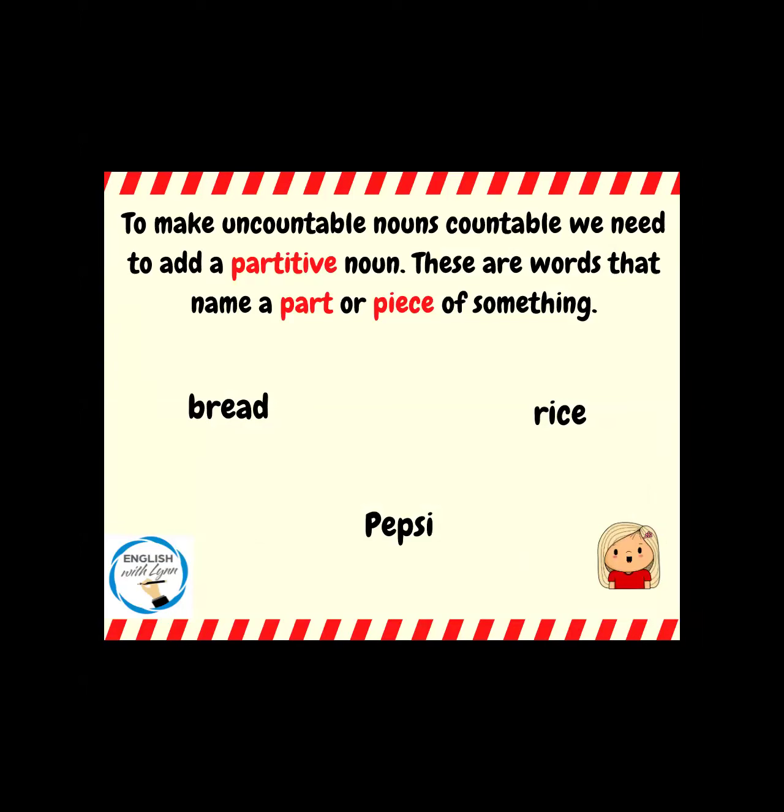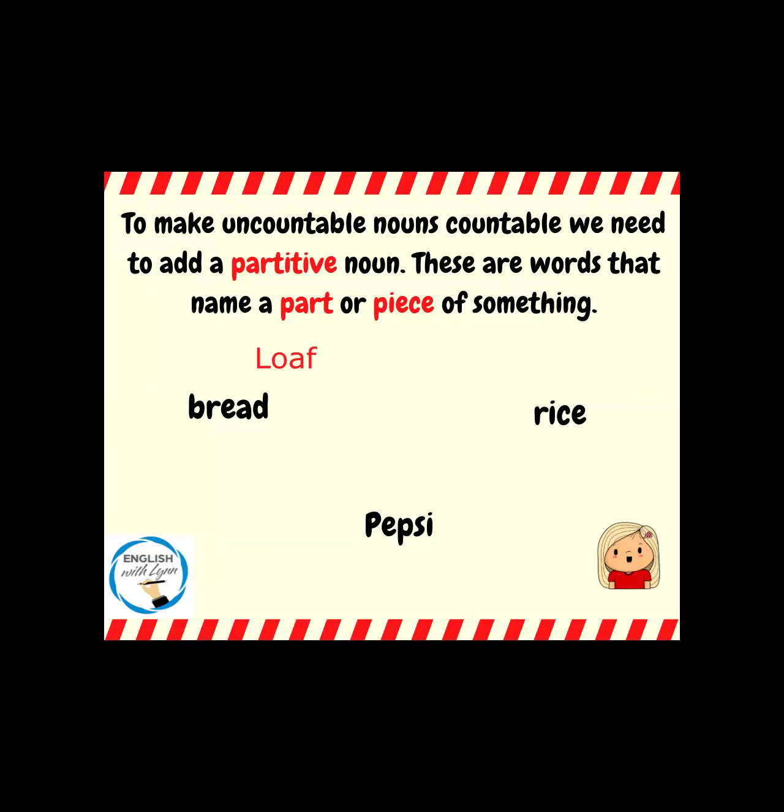So if I'm speaking about bread, I go to the shop and I buy some bread, I would buy it in a loaf. Now, if I'm making sandwiches with that bread, I wouldn't use the whole loaf of it. I would use a slice of it.